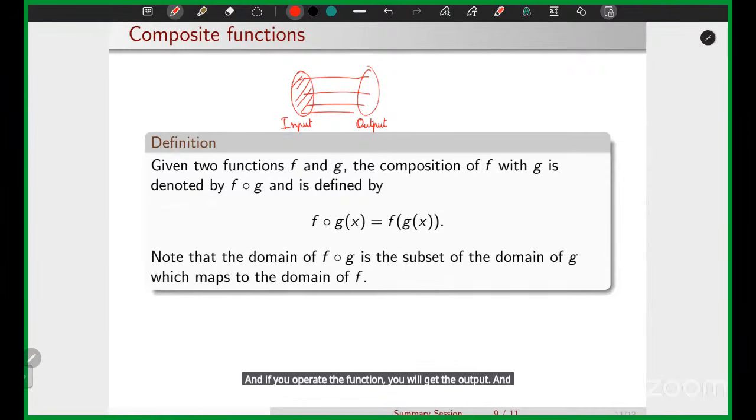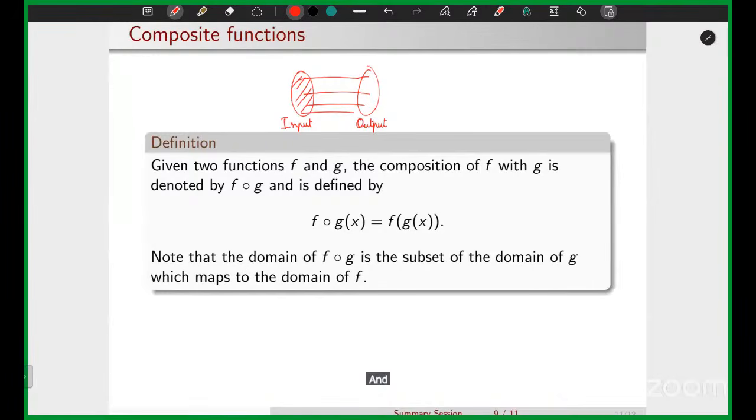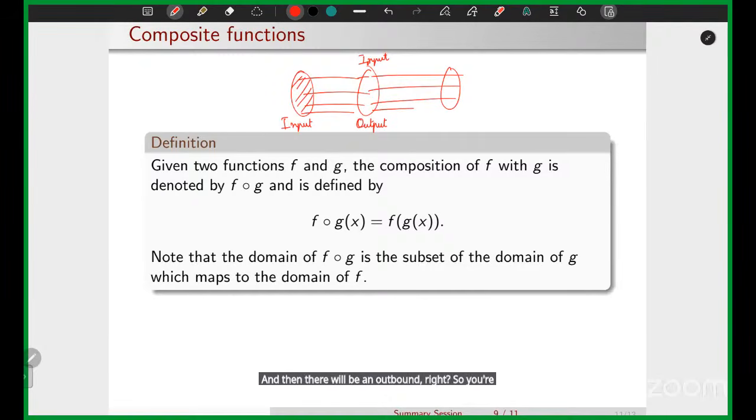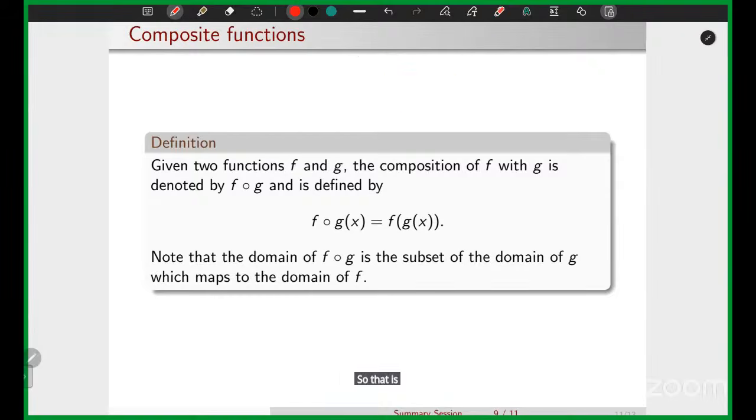And now if you want to further act another function on it, then this becomes the input space for that second function, and then there will be an output. So you're doing two steps of functions. That is what is called a composite function.